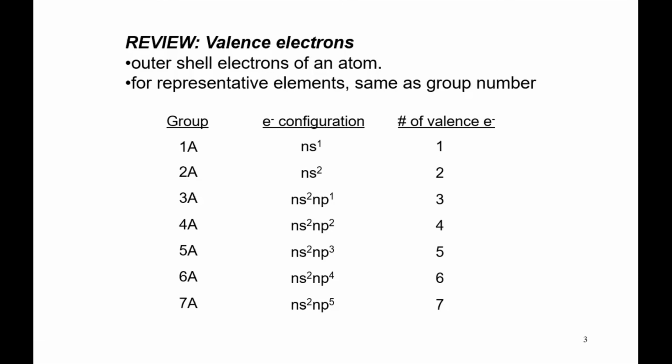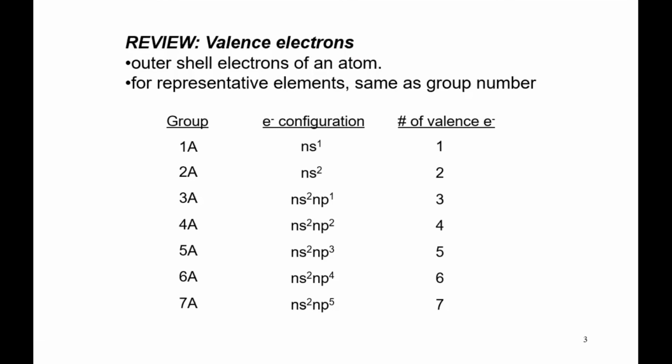For the representative elements, in other words the elements in the S and P blocks, the number of valence electrons corresponds to the group number, as long as we use the U.S. or American group numbering method. So group 1A has one valence electron, group 2A has two valence electrons, et cetera.